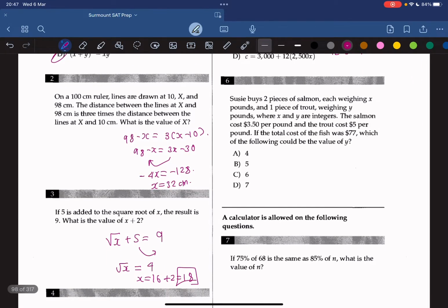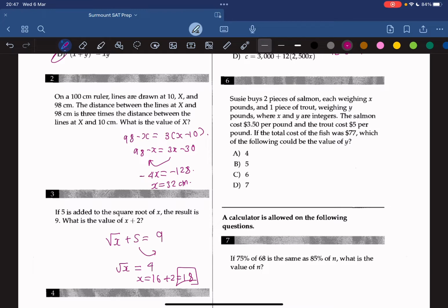Susie buys 2 pieces of salmon, each weighing x pounds, and 1 piece of trout weighing y pounds, where x and y are integers. The salmon costs $3.5 per pound, and the trout costs $5 per pound. If the total cost of the fish was $77, which of the following could be the value of y? Again, what we can do here is construct the equation.